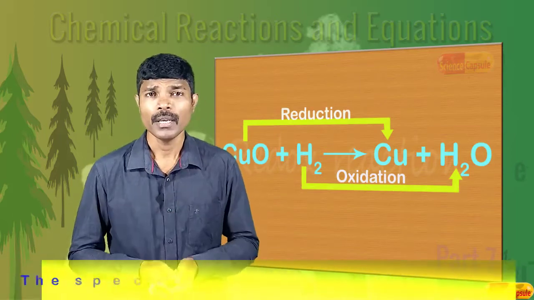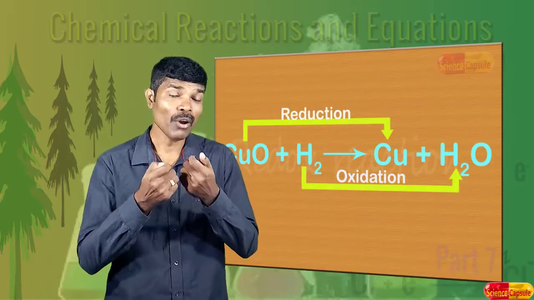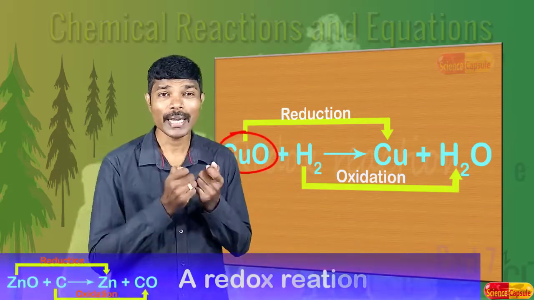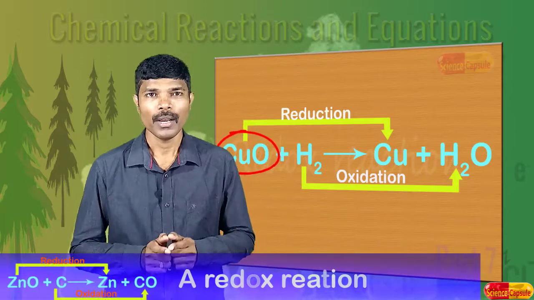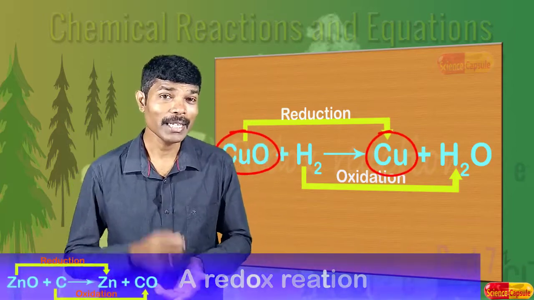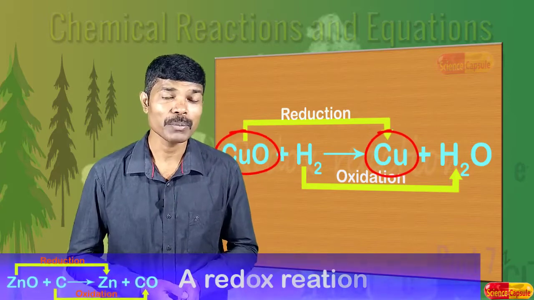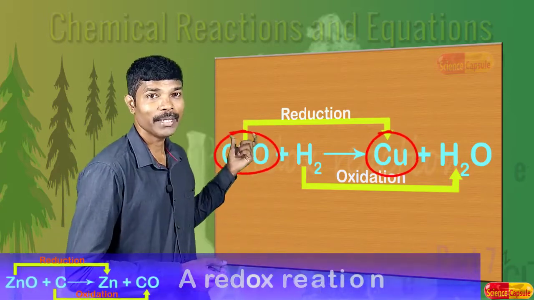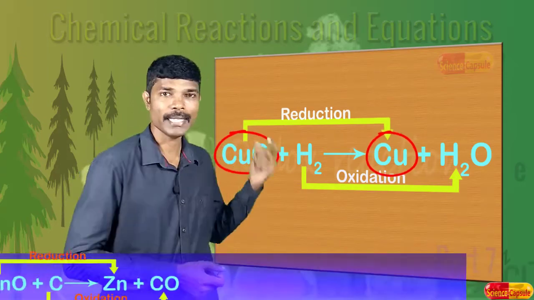Here what happens, the electrons are lost by the oxygen atom and the lost electrons are gained by copper ions. As a result, on the product side you can see, after gaining 2 electrons, copper ions become copper atom. So copper oxide is the oxidizing agent.